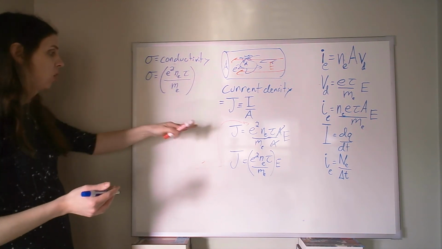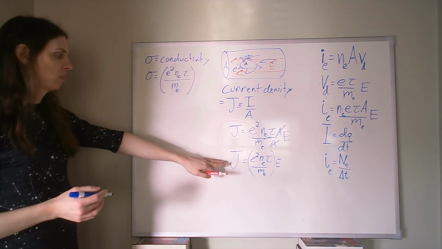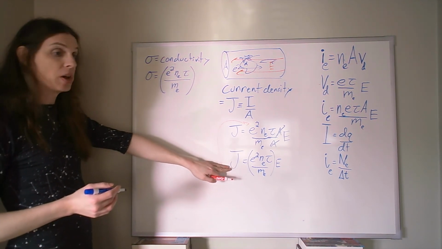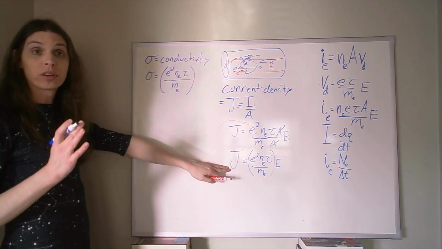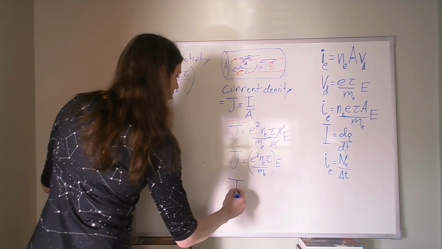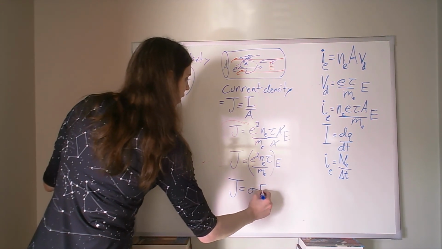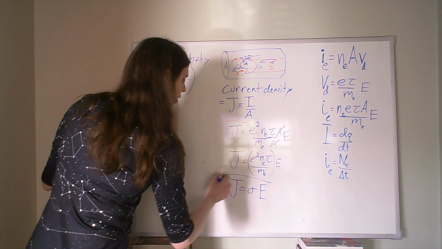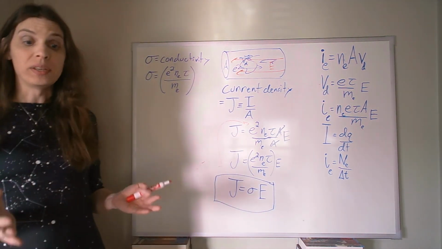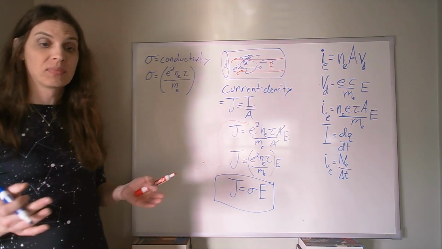And when we put that into our equation here for current density, then we get J equal to sigma E. And this is one of our big equations in electricity and magnetism.